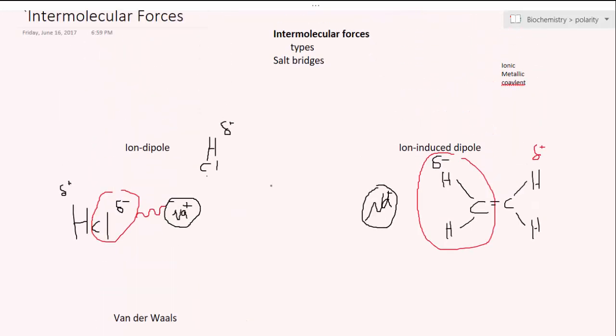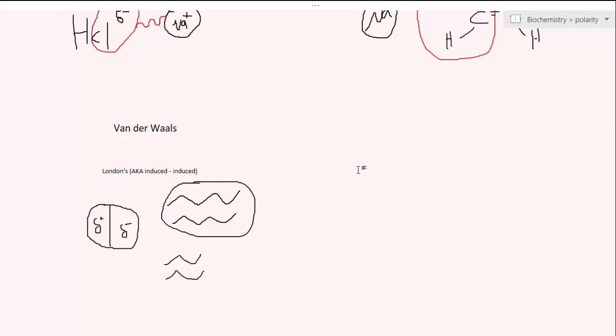Let's get to the next van der Waals interaction, which is dipole-induced dipole interaction. Here the dipole induced itself.